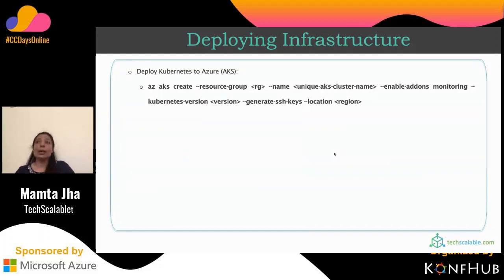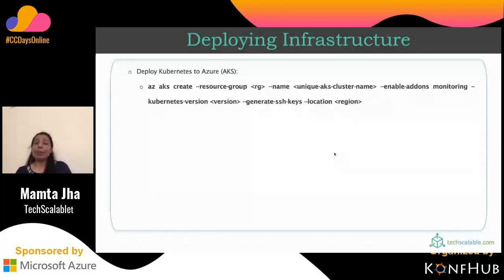You can use multiple other features provided by Azure itself along with AKS and work together. You can provide which version of Kubernetes you want to go with, and you generate SSH keys so that those keys would be used for setting up your credentials for the cluster, and you specify the region in which you would like to spin up your cluster.